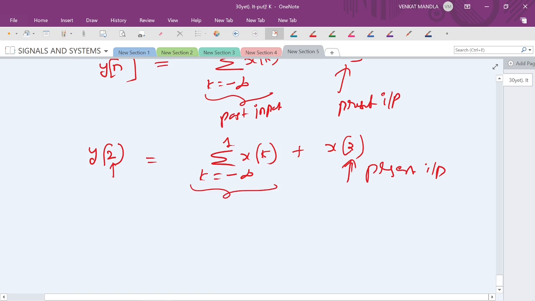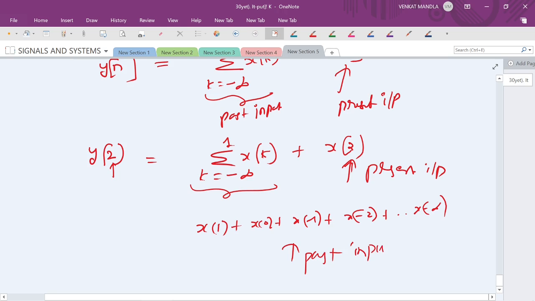Substitute all these things: k equal to minus infinity is a past one, and k equal to 1, x[1], x[0], x[-1], x[-2] and so on, x[-infinity]. These are past inputs, right? So there are no future inputs, so the system is causal.